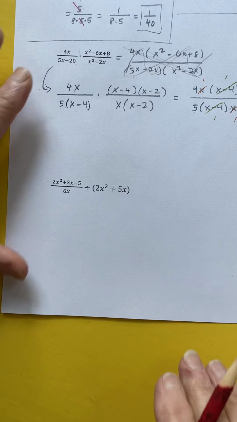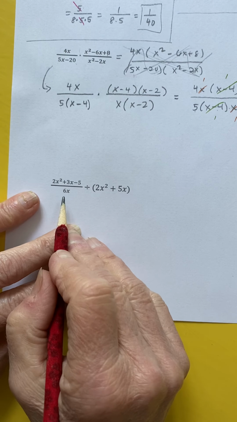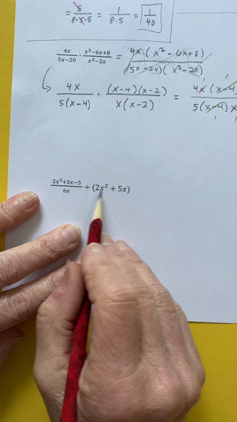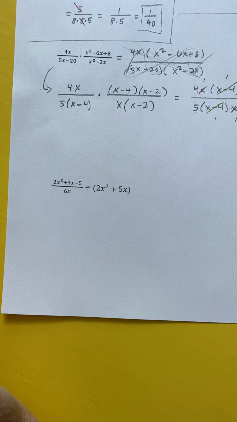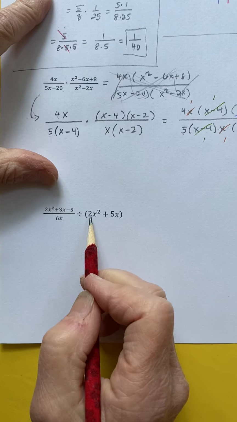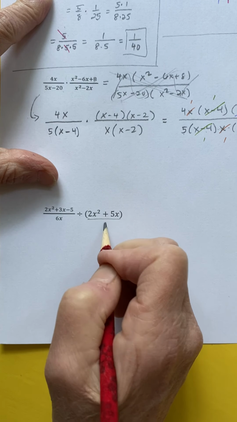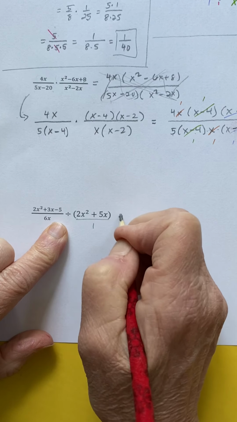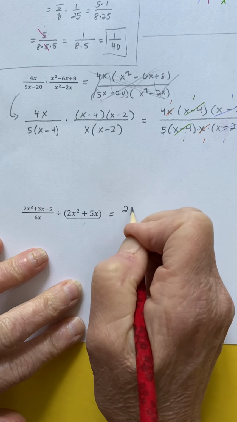Now let's look at this next one. This is, as you can see, 2x squared plus 3x minus 5 all over 6x divided by 2x squared plus 5x. Now, just like number one up here, I'm going to view 2x squared plus 5x as something over 1. It's not under something, but since it's a division, your first step is convert it to multiplication.